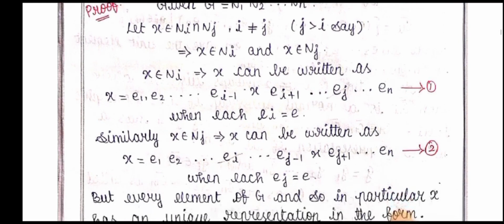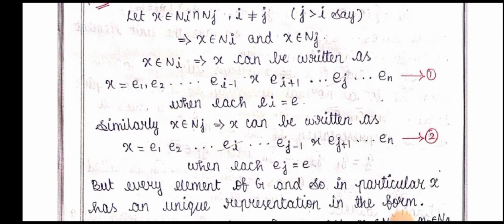Similarly, if x belongs to Nj, then x can be written as x is equal to e1, e2 and so on ej minus 1, x, ej plus 1 and en. Let it be equation 2. Similarly, here x is placed in the jth place.